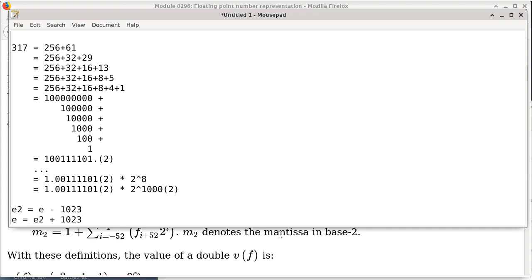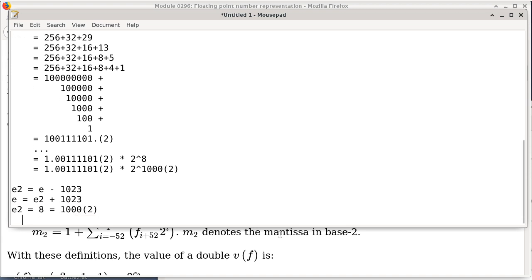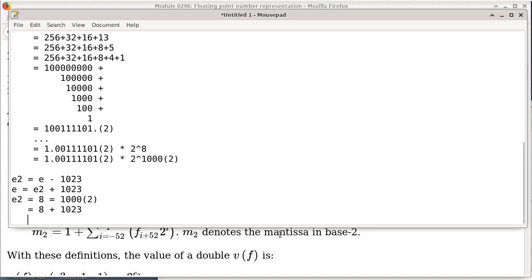Okay, so that means E is 8 plus 1023. I'm shifting back into base 10, by the way. Then we can convert it again. Which is what? 1031, in base 10.